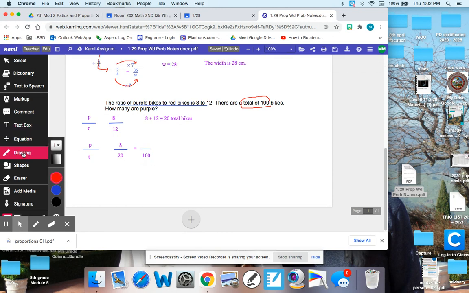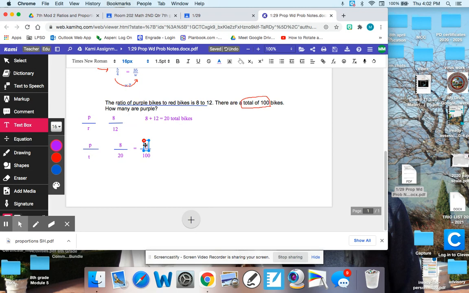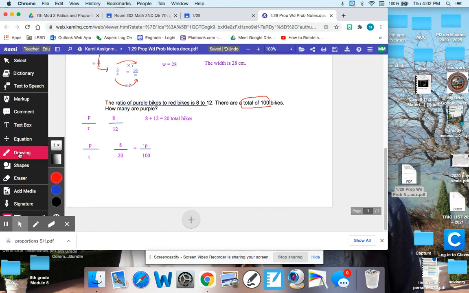Now, is it easy enough? Oops, I'm sorry. Let me put a P here for purple, because that's the variable that I want to use. I'm looking for purple bikes. Now, is it easy enough for us to use a scale factor here between 20 and 100? Sure is. So that's going to be times, and this one is going to be times. Now, what are we multiplying by?